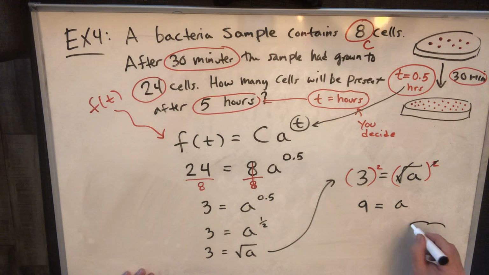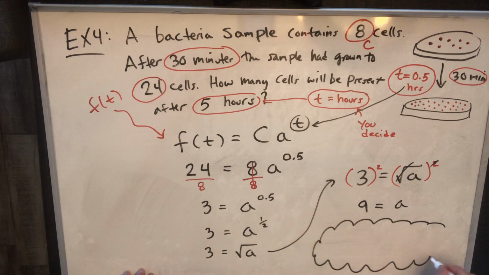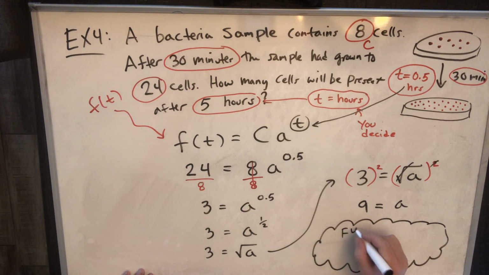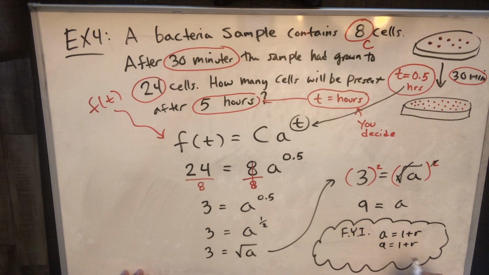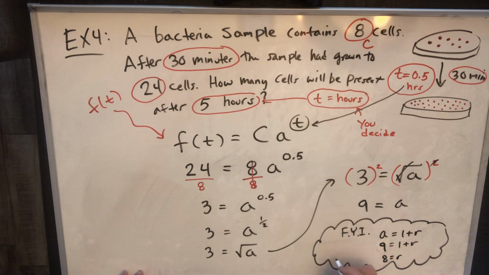Although I'm not asking it in this question, I just want to do a little FYI. If a is equal to 1 plus r, that means your growth rate is 8. That's 800% hourly growth rate.